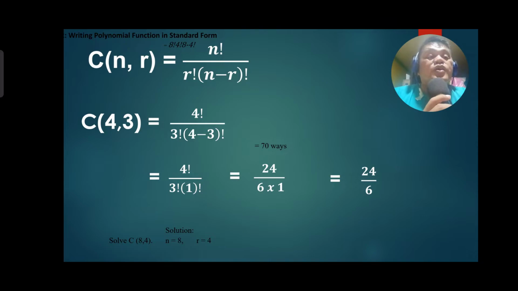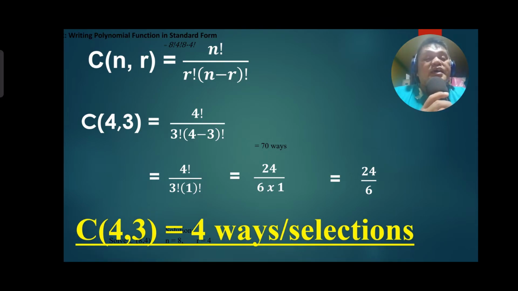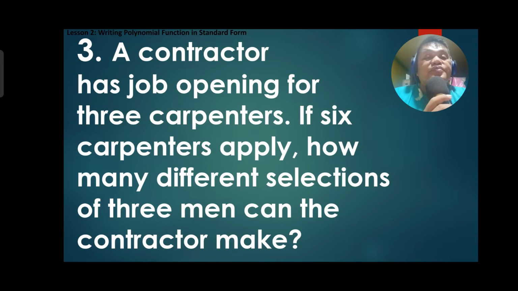So 24 divided by 6 is equal to 4 ways or 4 selections. So the combination of 4 objects taken 3 at a time is equal to 4 ways or 4 selections.